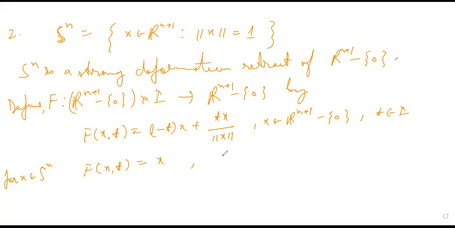And F(x, 1), when t equal to 1, the first term is 0, and this is x upon norm x.